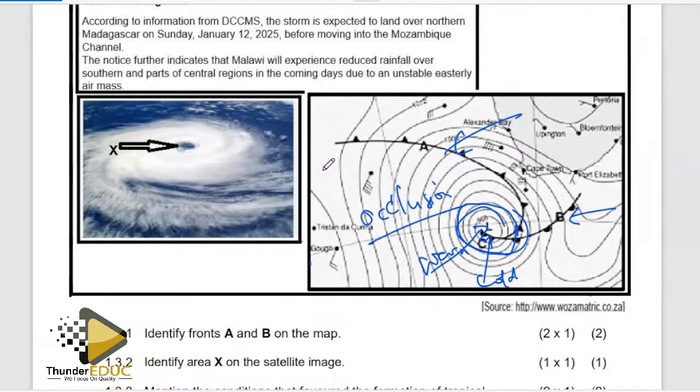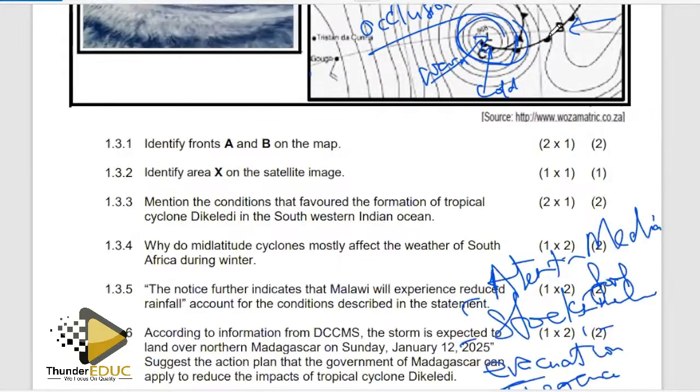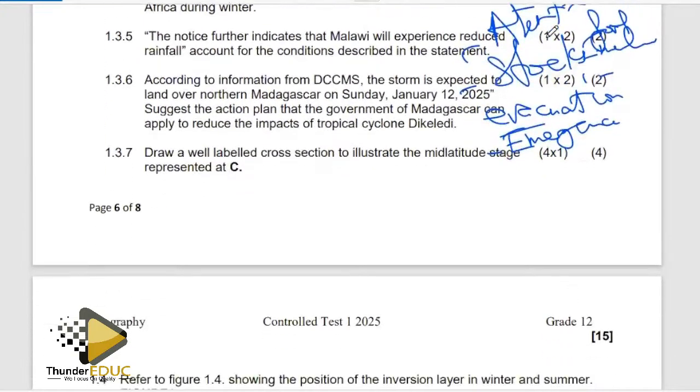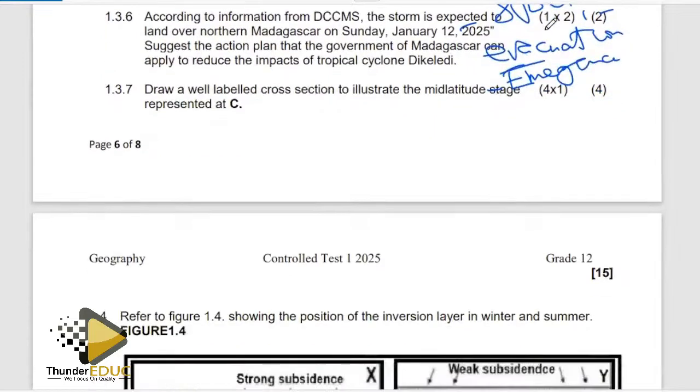So what we want to do there is to illustrate the mid-latitude formation of the storm in terms of the level of the stage of formation of the storm. Right, so when we're talking of the formation of the storm in terms of the occluded stage, we draw something like this.